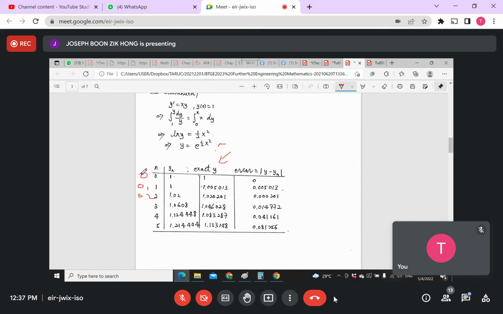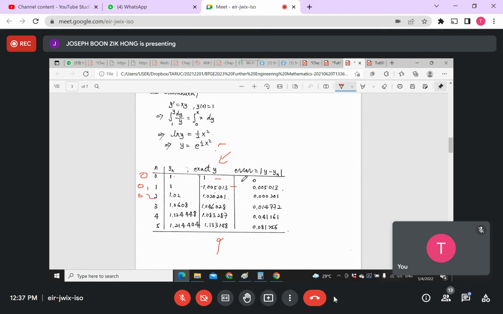When I put in x as 0, I get 1. When I put in x as 0.1, I get this one. This is when I put in 0.2 and so on. This is 0.5. So this is called the exact one. Exact means your accurate answer.